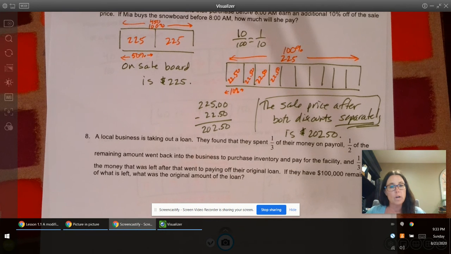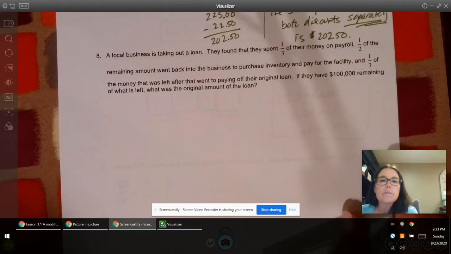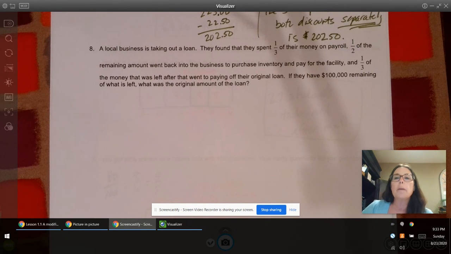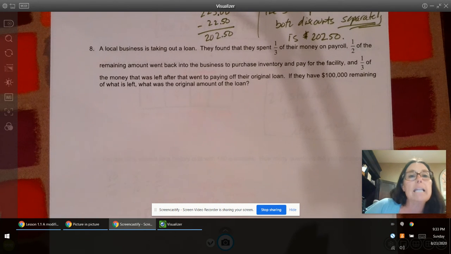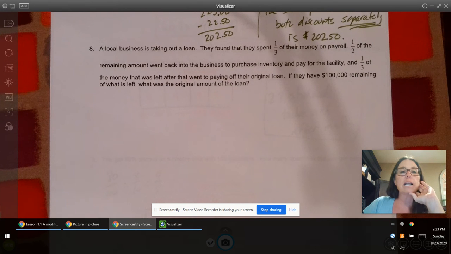We're on number 8, the last problem. A local business is taking out a loan. They find that they spent a third of their money on payroll, half of the remaining amount went back into the business to purchase inventory and pay for the facility, and a third of the money that was left after that went to paying off their original loan.